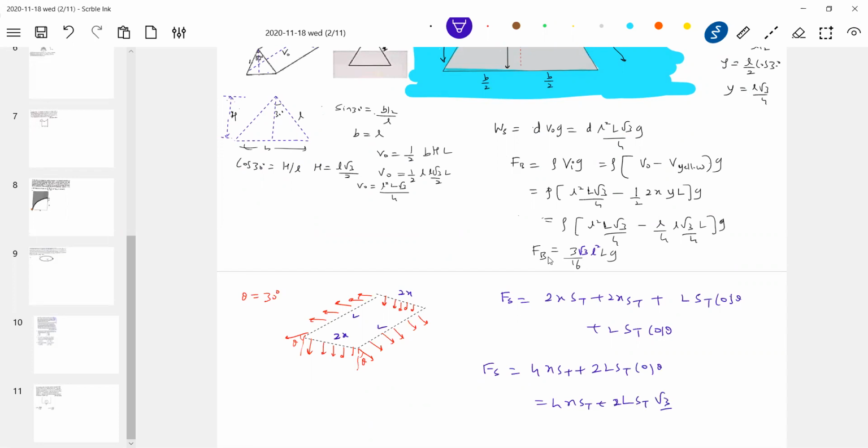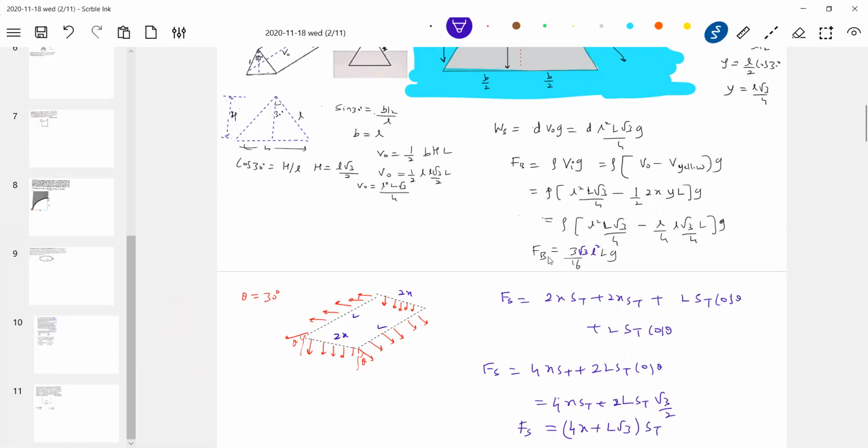Cos 30 is root 3 by 2. So 4x plus L root 3, into ST. This is the force due to surface tension.